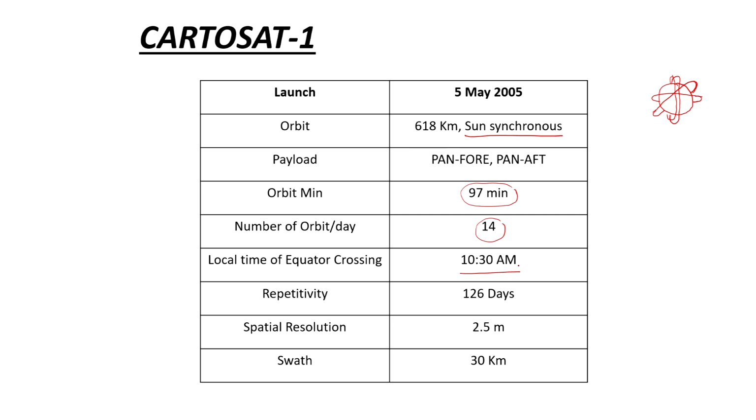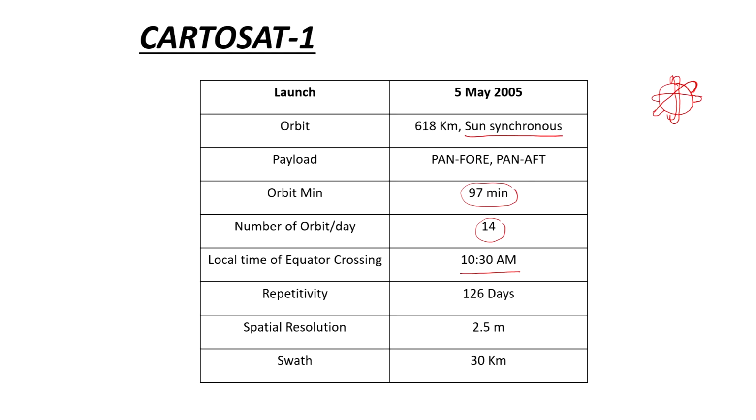Because this is a sun synchronous satellite, this kind of satellite maintains a set angle with the sun. So at 10:30 am every day this satellite will cross the equator, and the temporal resolution of this satellite is 126 days.